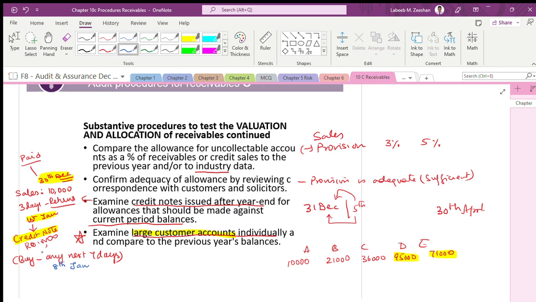Now understand the complication. The cash has been received in a cash transaction on 30th of December. But subsequently, the returns and exchange will happen up to 8th of January. In this case, the firm will issue credit notes.